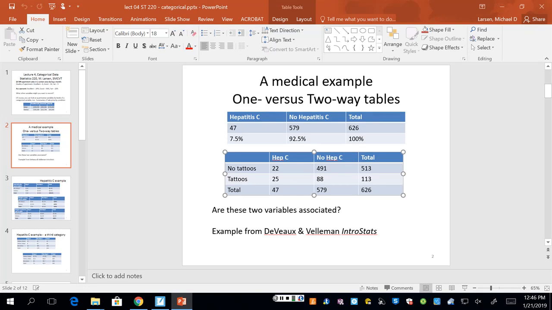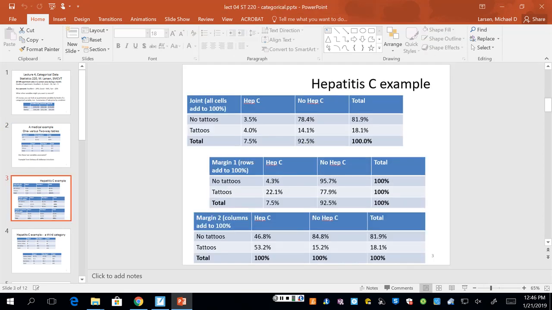However, for the group that had tattoos, it's 25 out of 113. So that's going to be a much different rate. In this row, it's only 4.3% for hepatitis C, but among the tattoo group, it was 22.1%. So looking that direction.